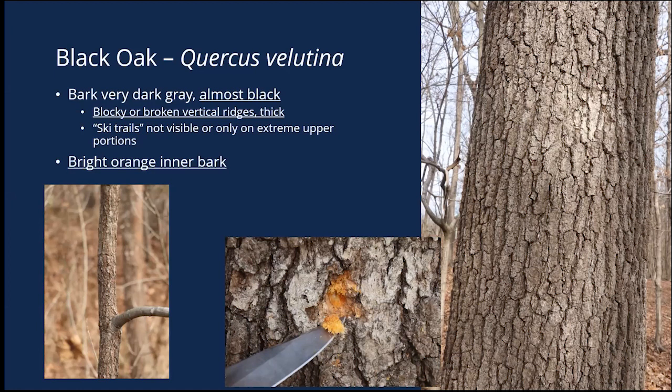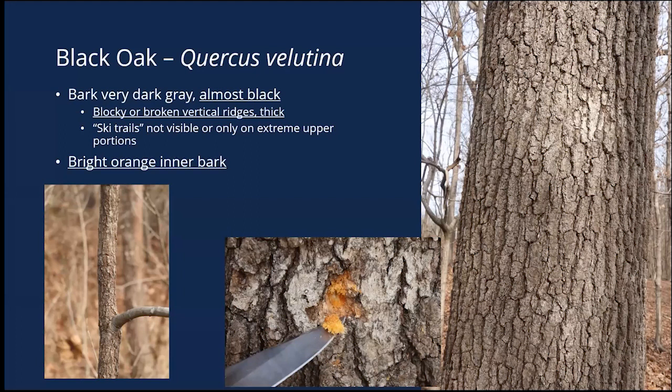And the picture on the right is a classic black oak bark. But even when they're young, you see on the picture on the left there, that very young black oak is still showing that blocky characteristic to it. As you can see, it's going to get some thick bark. And then, unlike the northern red oak, if you dig in with your pocket knife and look at the inner bark of black oak, it's going to have a bright orange coloration.